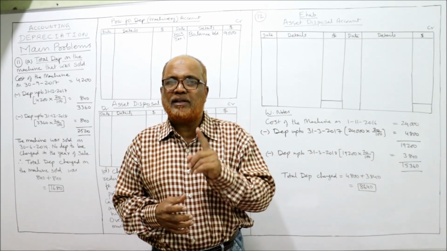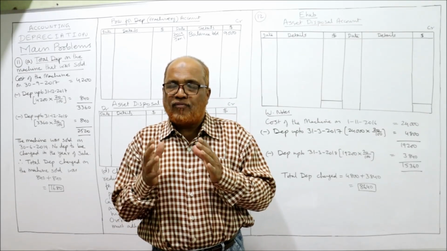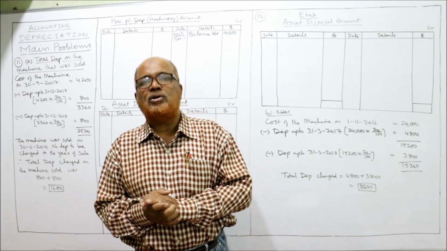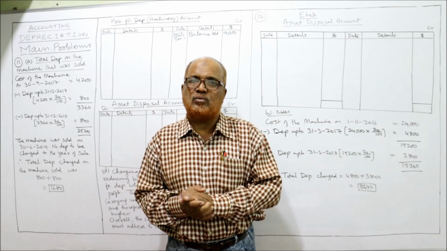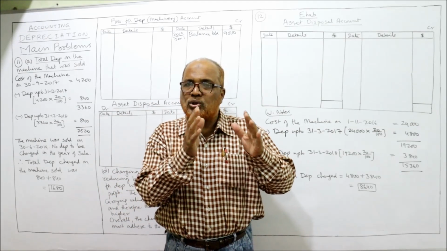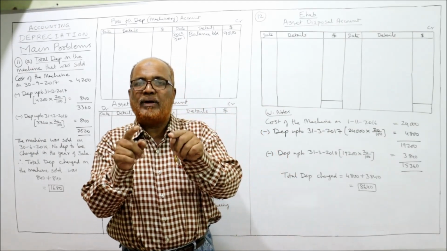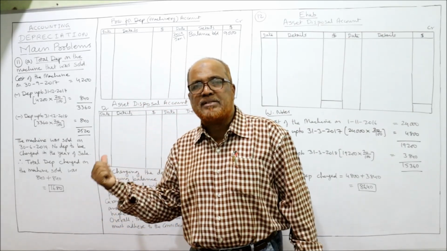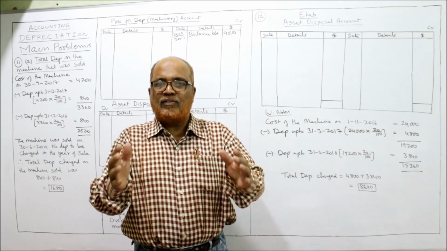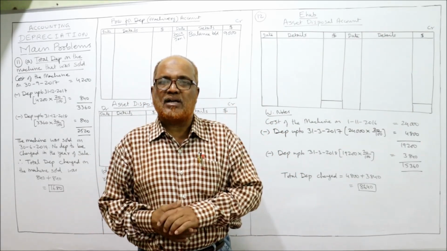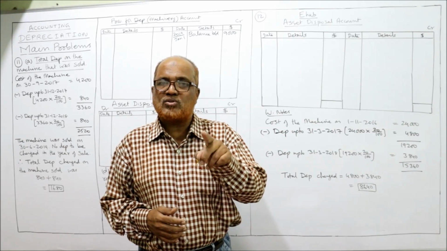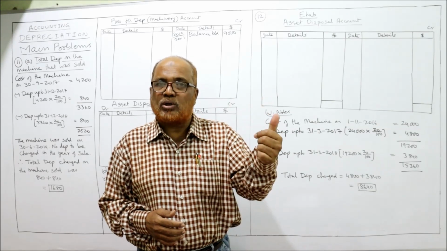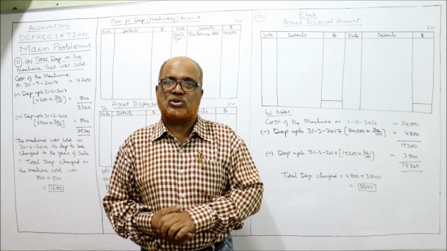All these things I have explained in the first video. Then 4 videos I have given on short questions and MCQs. So if you have watched those videos, then only you will be in a position to understand the present main problems. So if you join in between, you may not be able to understand. So I suggest you to first watch the theory video, short questions, then only you come to the long questions.